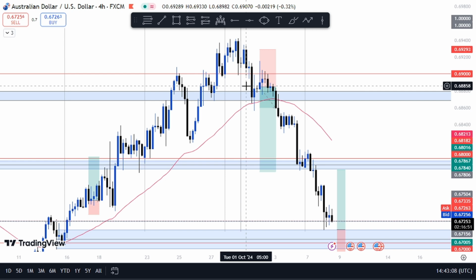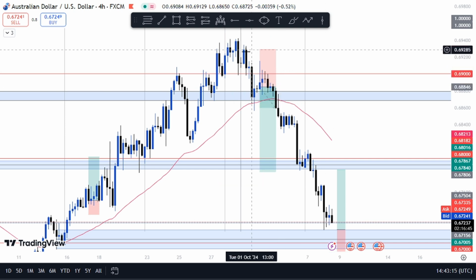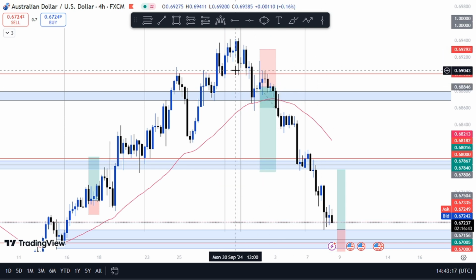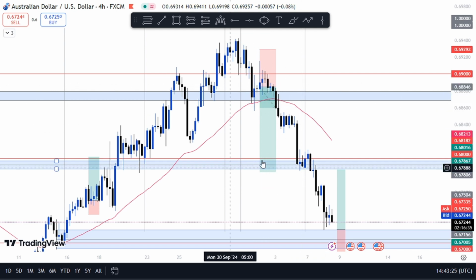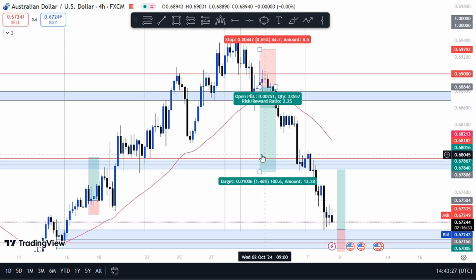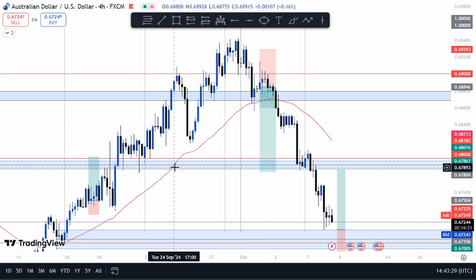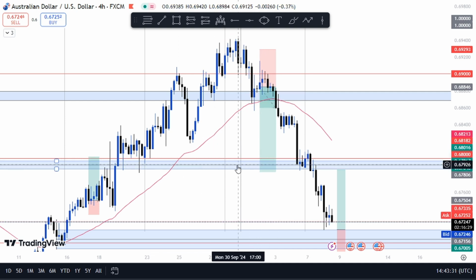So it was a risky trade because the overall direction of the market was bullish, but looking at this psychological level, the daily engulfing candle and the 4 hour head and shoulders pattern, I entered on this 4 hour engulfing candle too. And I was selling this market all the way to this psychological level.